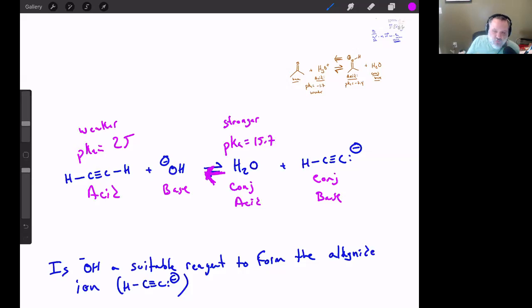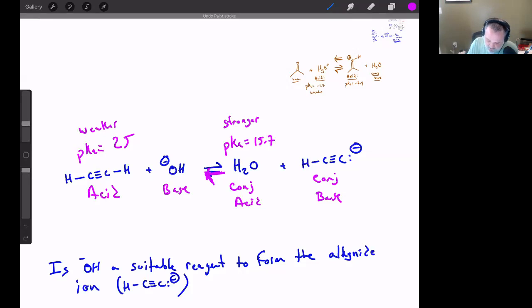So even though it's an equilibrium, there's quantities of all of the reactants and products in the solution. There's vastly more reactants than there are products. So the answer to the question, is hydroxide a suitable reagent to deprotonate or to form the alkanide ion? The answer to that question is no.